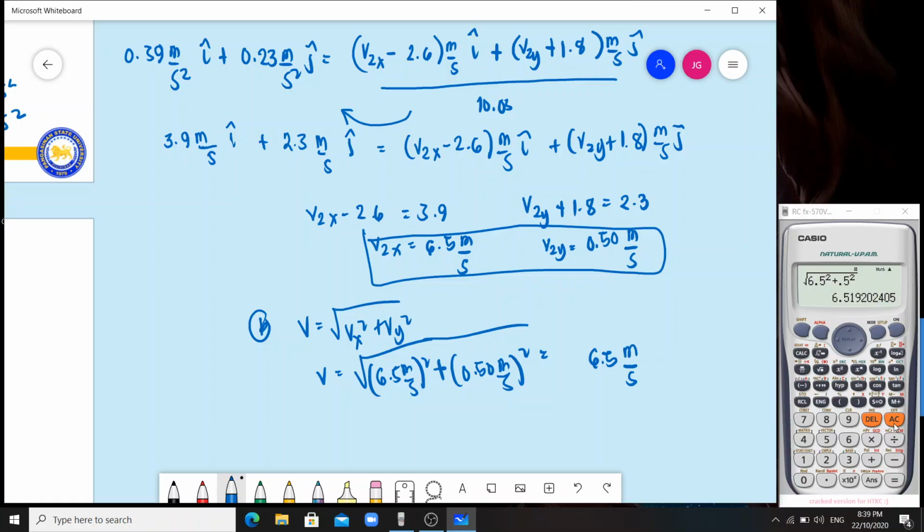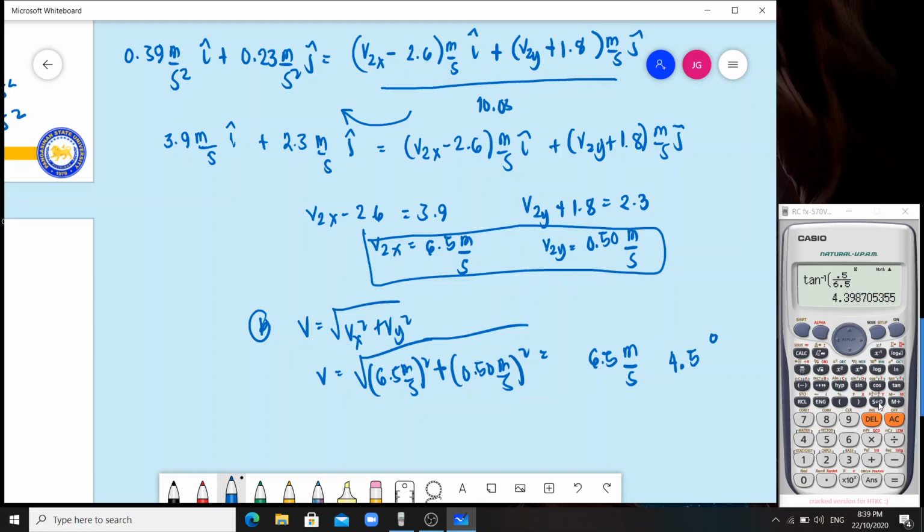So the angle, okay, so the angle would be inverse tangent of 0.5 over 6.5, equivalent to 4.5 degrees.